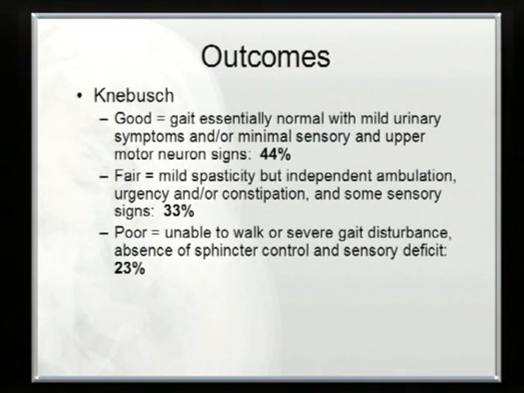He felt that about 1/3 of the patients had a fair outcome, which was mild spasticity but independent ambulation. They had urgency, or the feeling that they had to avoid, and/or constipation, and some sensory signs. And a poor outcome was defined in his group as about 23% who were unable to walk and had severe gait problems, and no control of their bowel and bladder function.